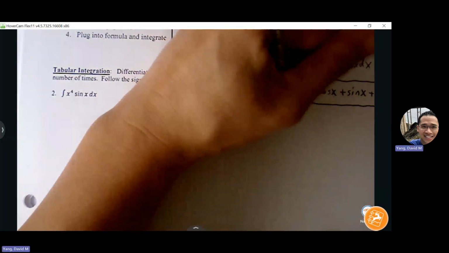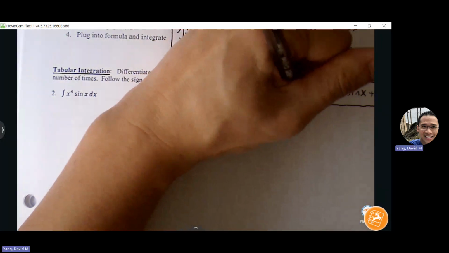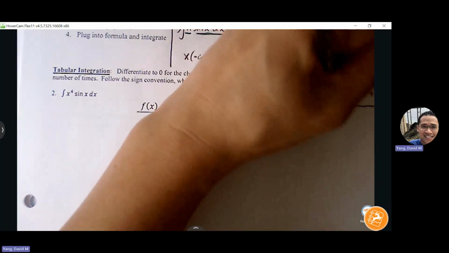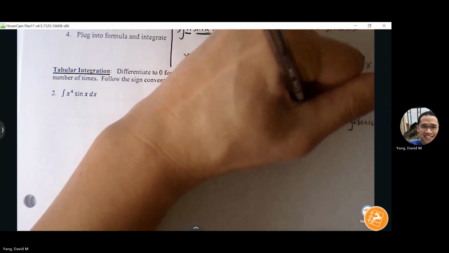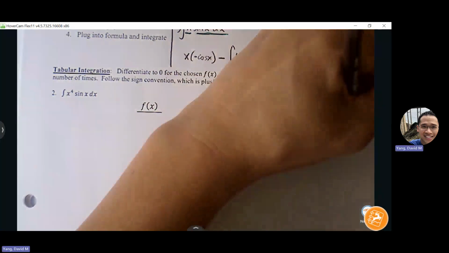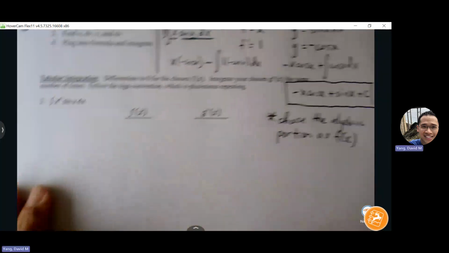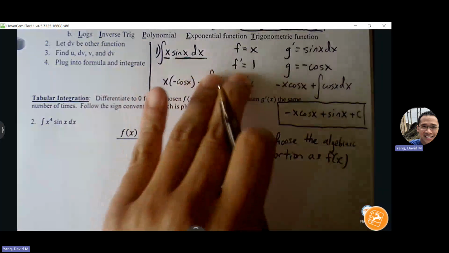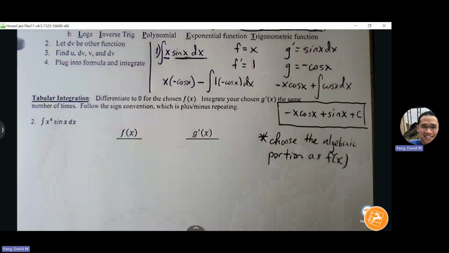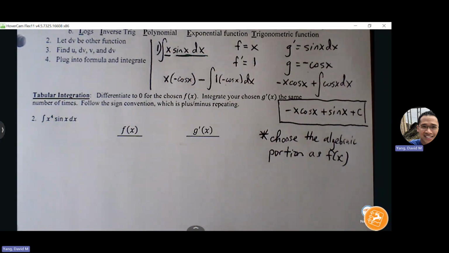Okay, so what you're going to do is you're going to choose the algebraic portion as your f. And this doesn't work if there's logs involved. If there are logs involved, we have to go through the original form. The tab method is not going to be effective.